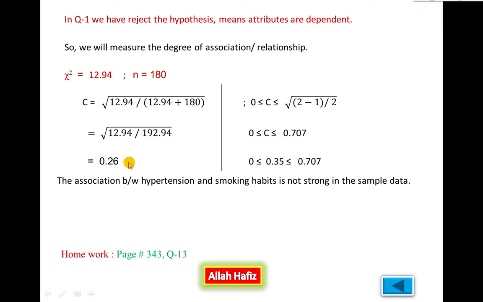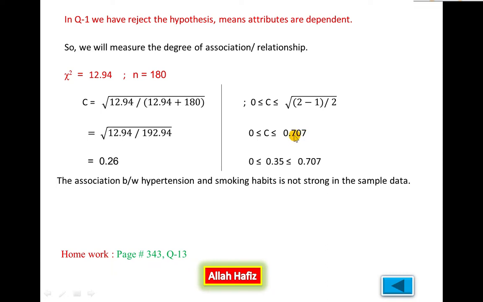Is this value great or small? How will you decide? With the help of the lower and upper values of C, we will decide whether the association is strong or weak. Substitute the number of rows: (2 minus 1) divided by 2, square root gives 0.707. The lower value of C is 0, and the maximum upper value is 0.707.